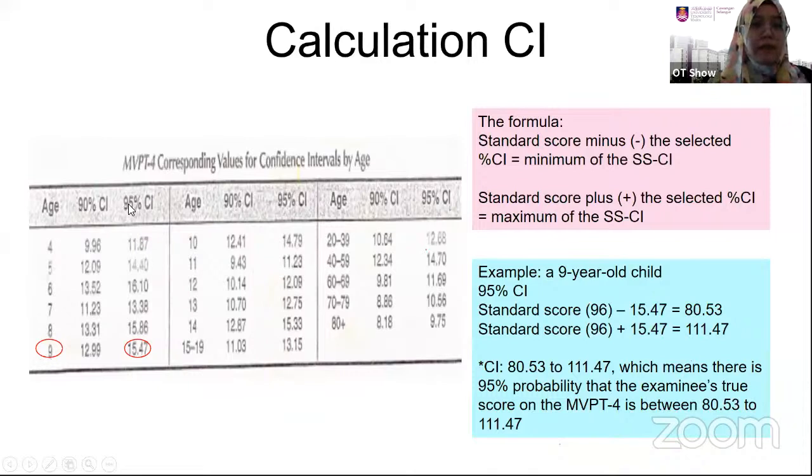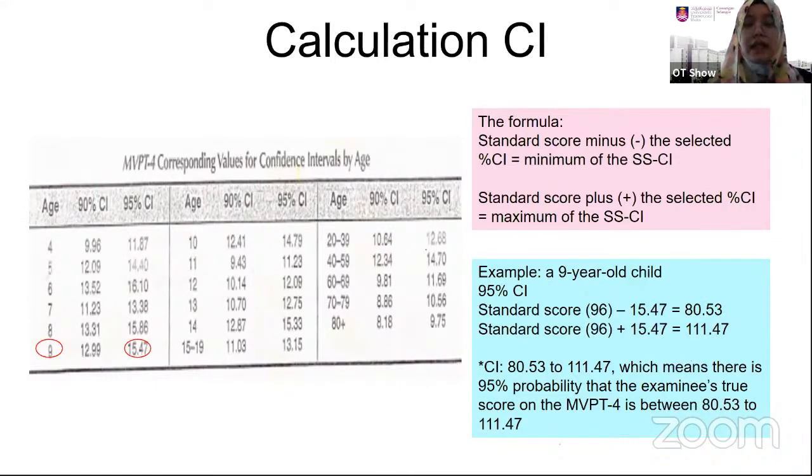So kita tengok kolom yang ketiga, 95% confident interval. Sudah ada bagi figure kat situ, 15.47. Okay, so standard score 96 tolak 15.47. Kita dapat 80.53.